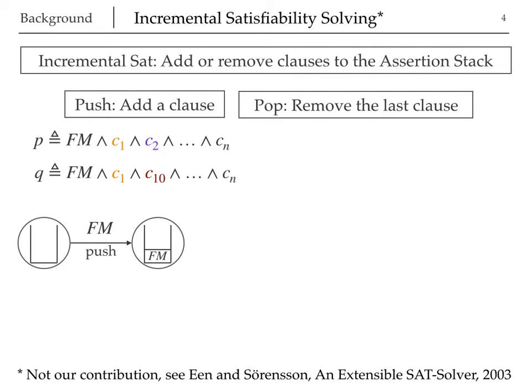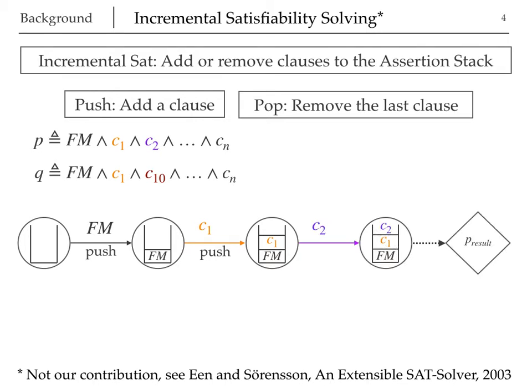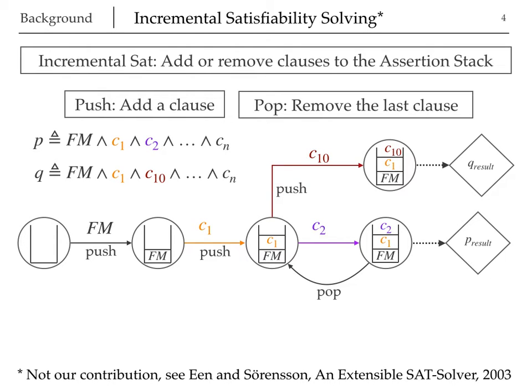That'll add the feature model to the assertion stack. Then we can push C1 onto the assertion stack and continue all the way till we produce our result for P. Now, crucially, instead of starting with an empty state to solve Q, we can reuse the end state for P and pop C2 off, and then reuse that assertion stack to add C10 and then get our Q result.